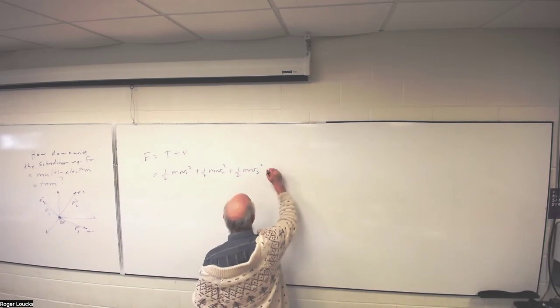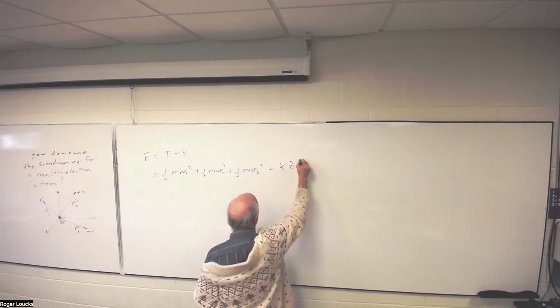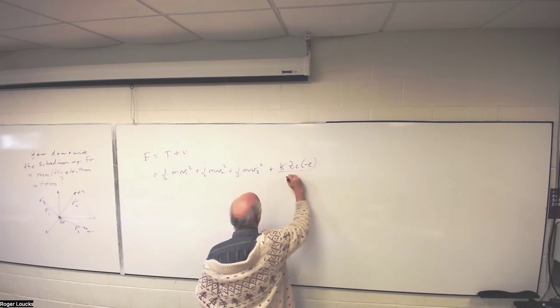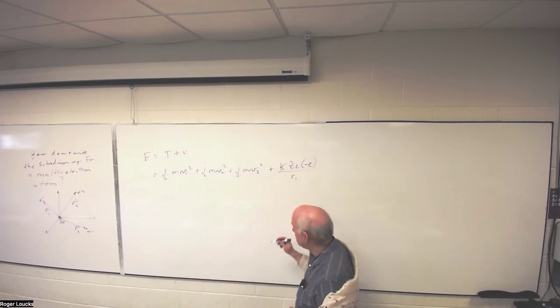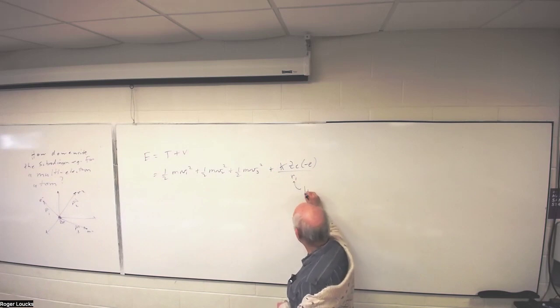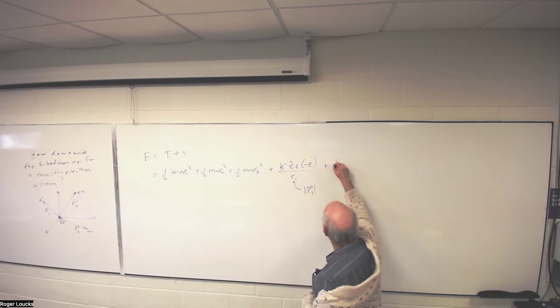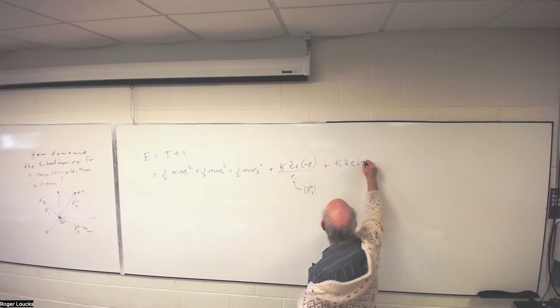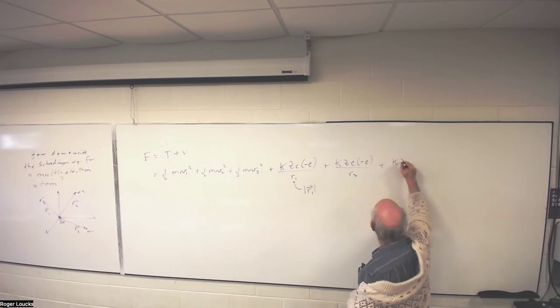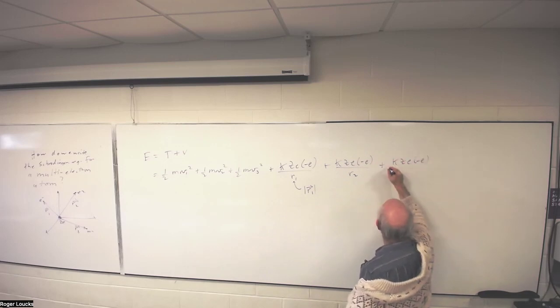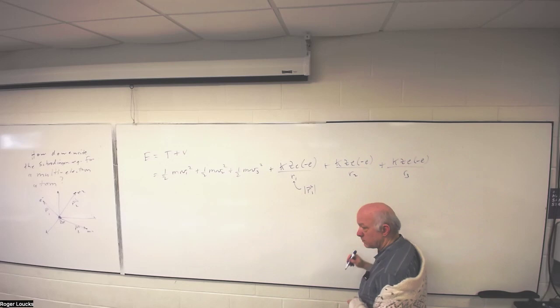So you have plus k Ze times minus e over r1, where r1 is really the magnitude of R1, plus k Ze times minus e over r2, plus k Ze times minus e over r3.